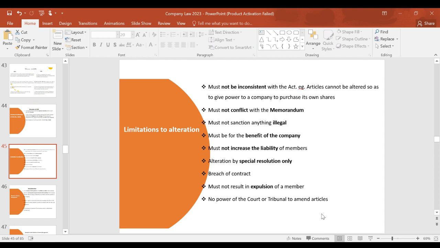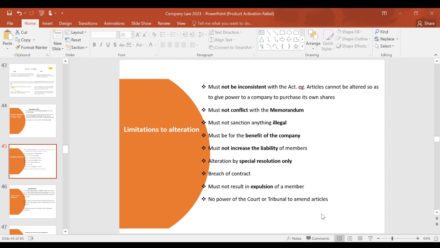At the same time, it should not conflict with the Memorandum of Association of that particular company, and the alteration should not be done illegally, or for an illegal purpose, and it should be made within the special resolution.